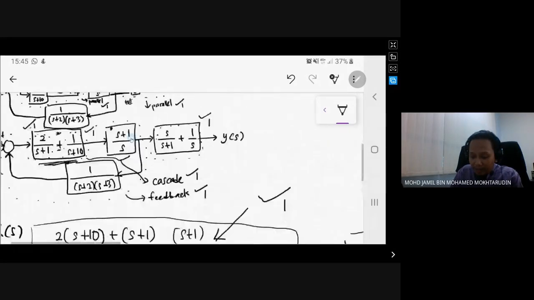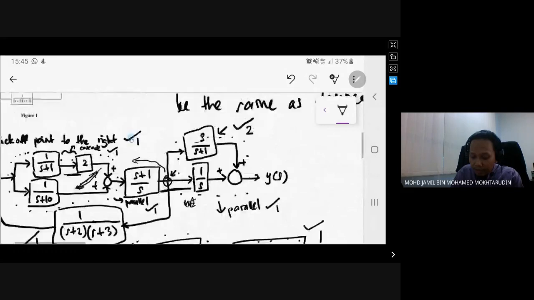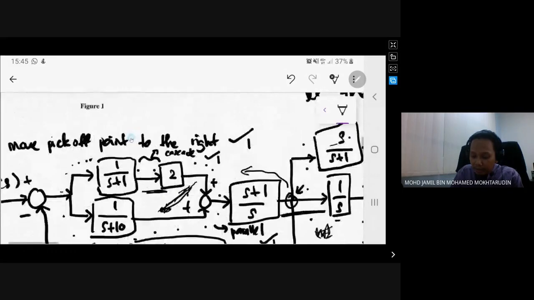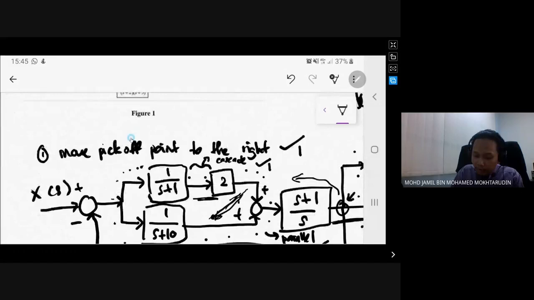Okay, kita start balik. Okay, so the first mark is when you say move pick off point to the right. Okay, so if you move your pick off point to the left, jangan bagi markah lagi. Wait first and evaluate for other steps, other methods that you did.